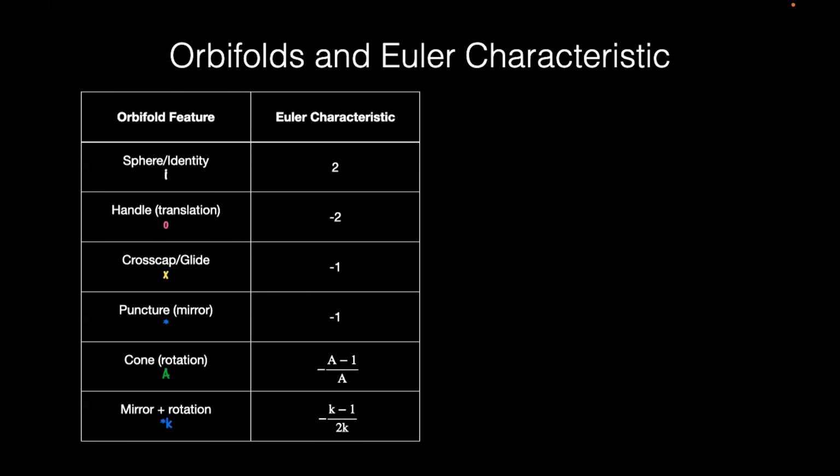So there's a way of counting orbifold features. You start with a sphere, then you can do different things to them. And basically, if the orbifold has Euler characteristic of 0, then it's planar. So when I say cone rotation, I'm saying like, this is 6-fold symmetric around that point.